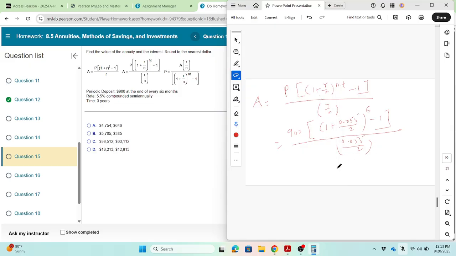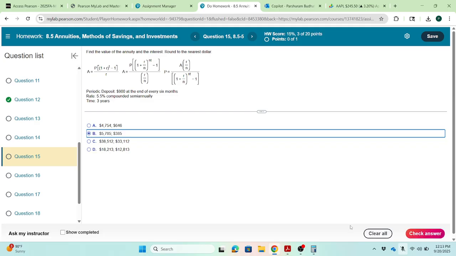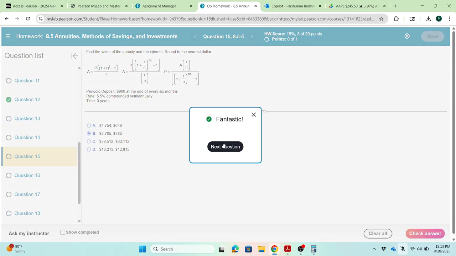Remember, in a year there are two deposits of $900, which is 1,800, and you are doing that for 3 years, which is 5,400. So the total amount you are investing is 5,400, but the total amount you are getting is 5,785. The difference is coming from the interest. So the answer is this one, because the difference is 385.